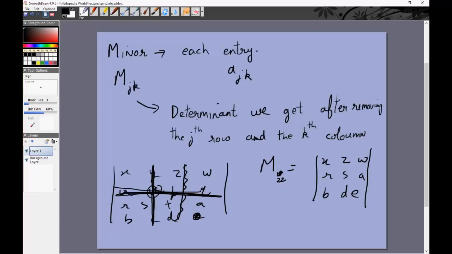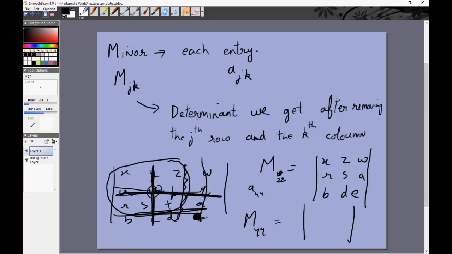E would have its own minor. E would be M44, and it would simply be, you remove this and this, and these 9 entries would correspond to the minor of E, or of the 4th entry, or the entry at the 4th row and 4th column, or A44. So every entry has a corresponding minor.